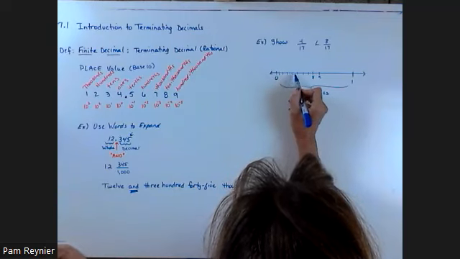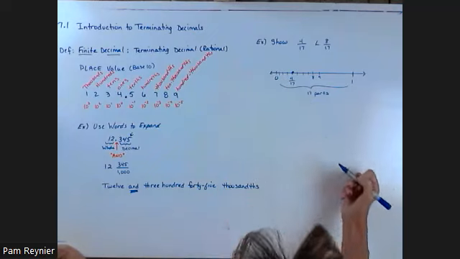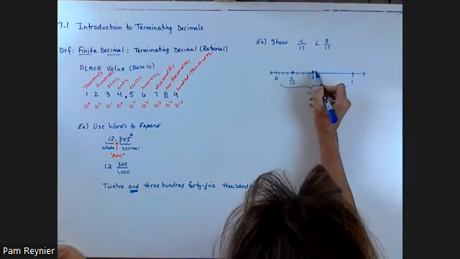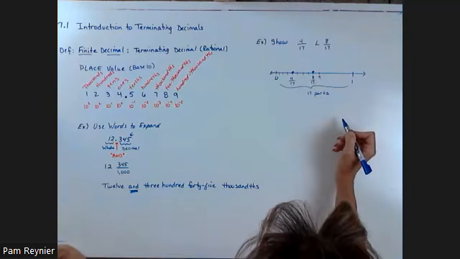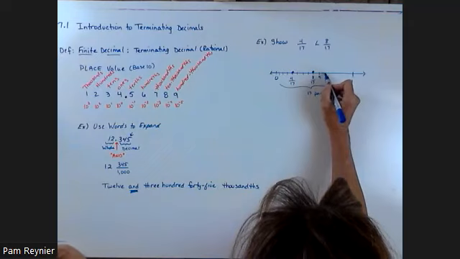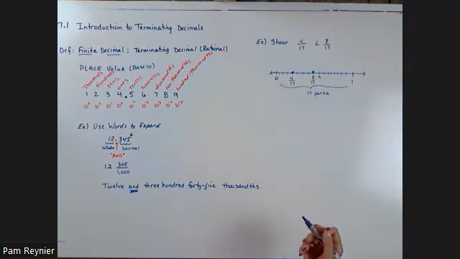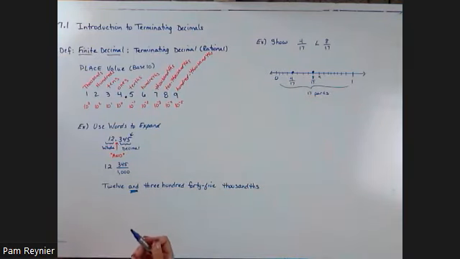So 1, 2, 3, 4 of these 17 is right here. 8 of these 17 is right here. And of course, I could keep going, 10, 11, 12, 13, 14, 15, 16, 17. So 4 out of 17 is on the left side of 8 out of 17. So therefore, 4 17ths is smaller than 8 17ths.